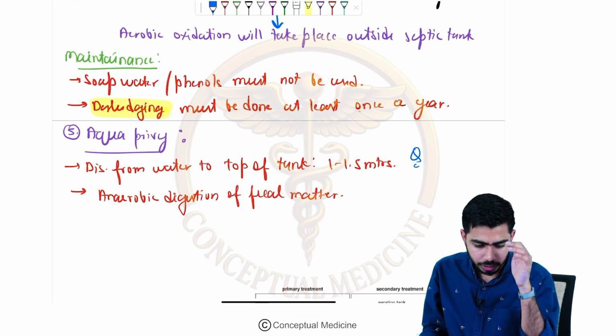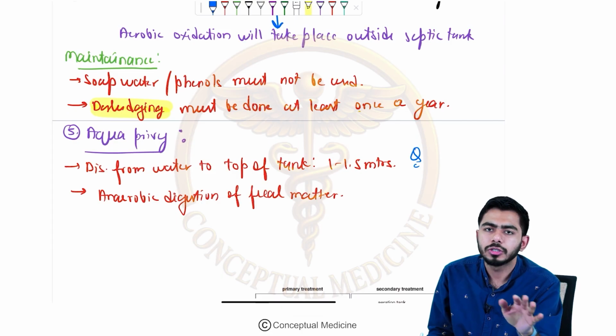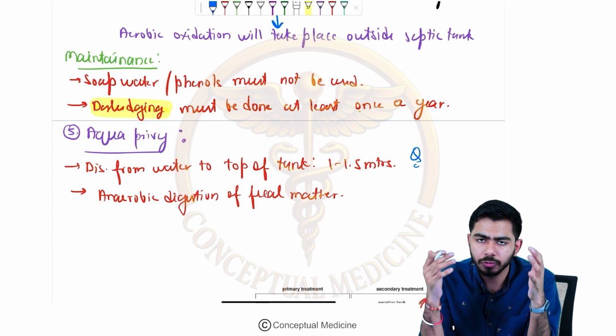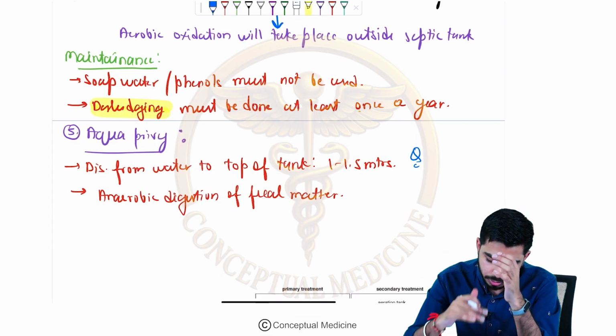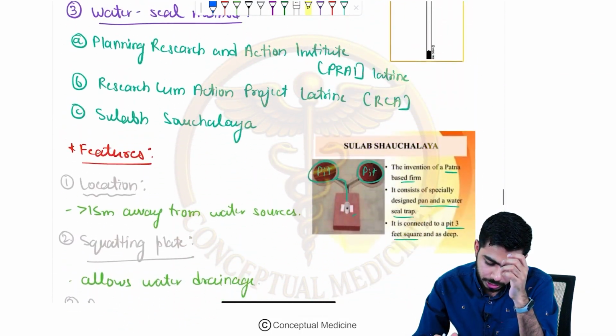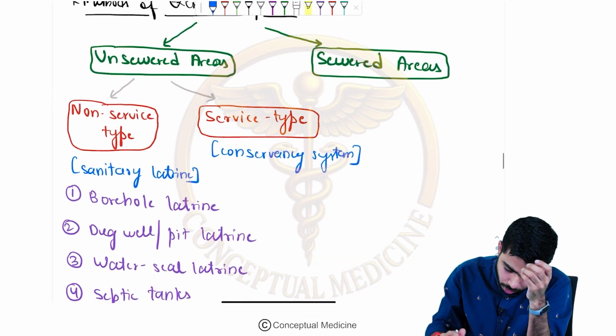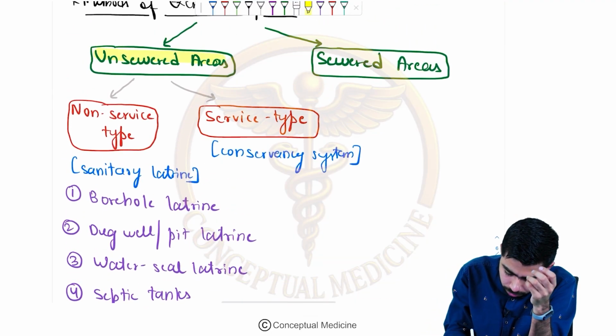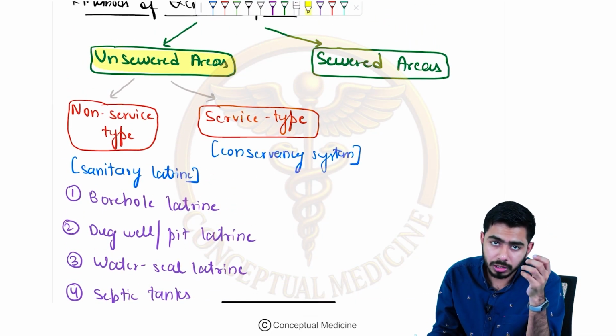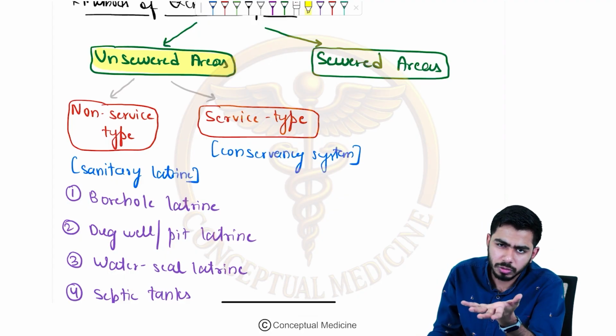Okay, now guys, once we have talked about all these methods of excreta disposal and mainly the sewage disposal, remember we have talked about the unsewered areas, where the service type has already not been used now.